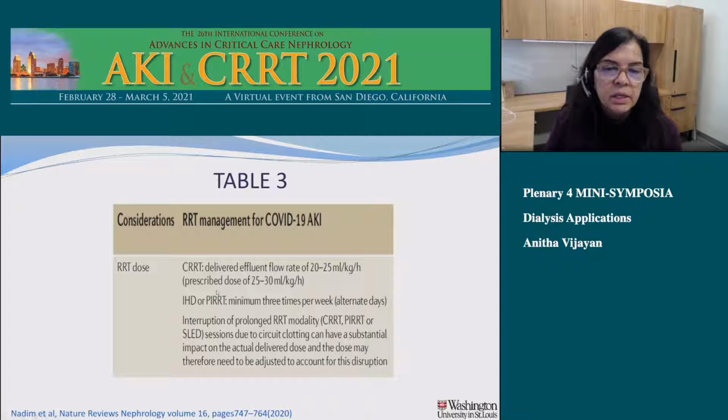PERT is usually provided maybe 4 to 5 days a week, depending on the dose of dialysis or urea reduction. And interruption of prolonged renal replacement therapies due to circuit clotting or other reasons can have a substantial impact on the delivered dose and may impair patient outcomes.